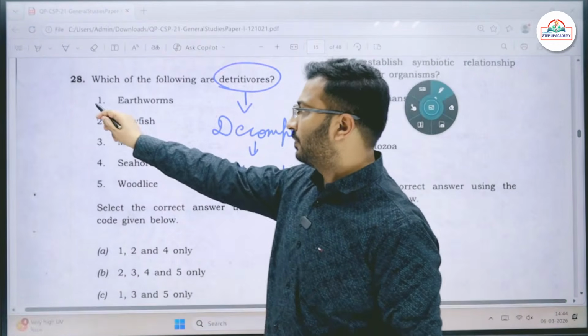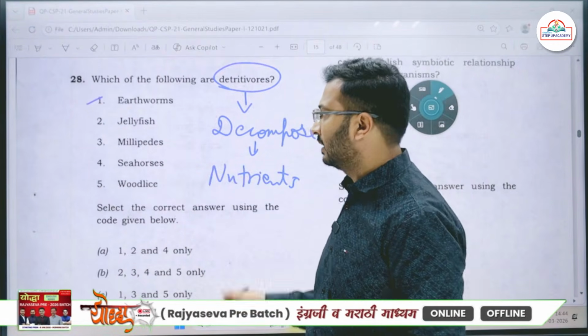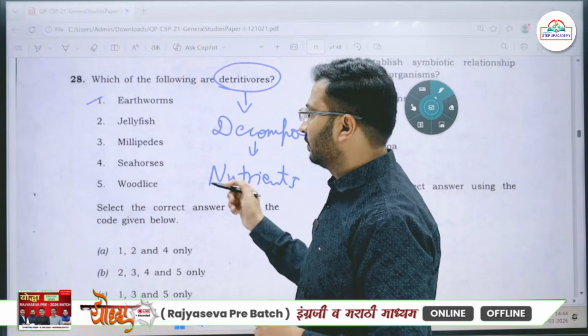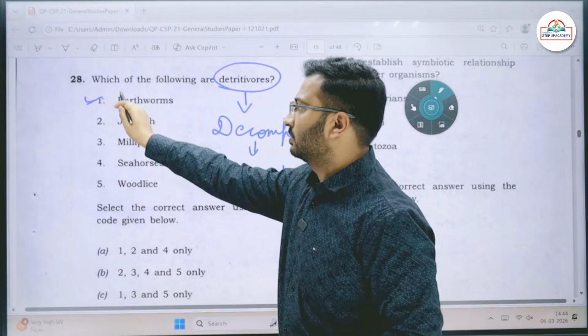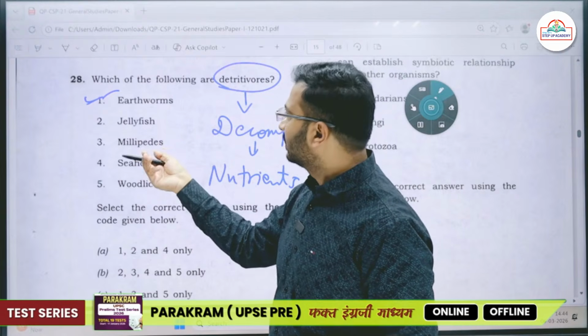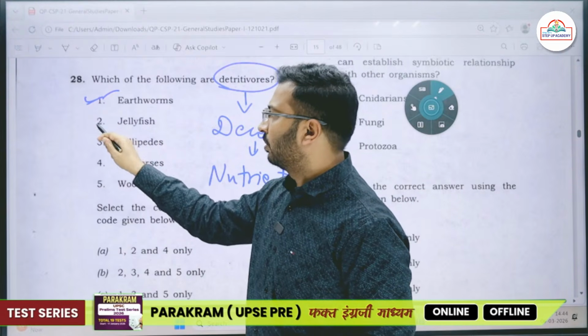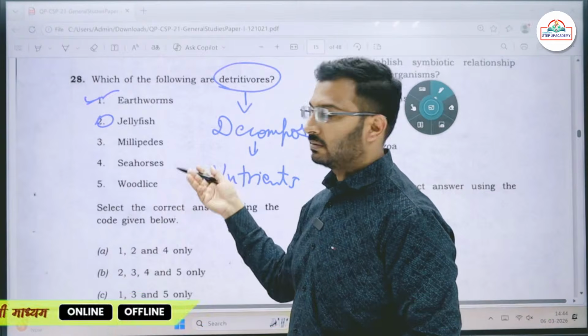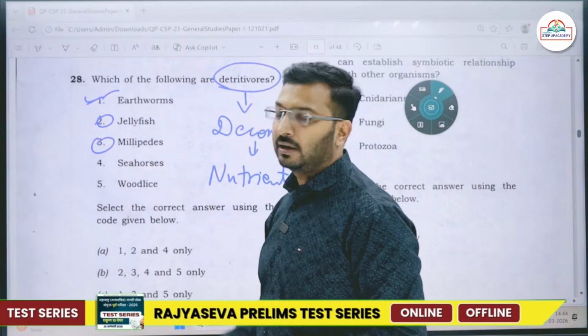We find earthworms present in the soil, and as a result we get earthworm based fertilizer, so it is good. Jellyfish: whether jellyfish is a detritivore, I am not aware of. Millipedes: have you read this? I don't know, I am not aware of it.